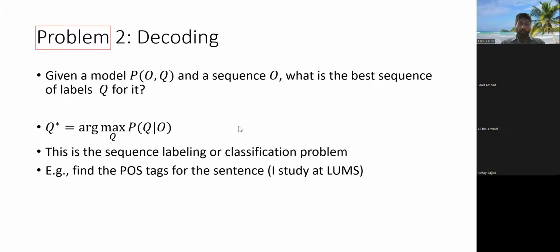So it is the sequence labeling or sequence classification problem, or as commonly known, the decoding problem. Given the distribution and some sentence, we would like to find the best sequence of labels.